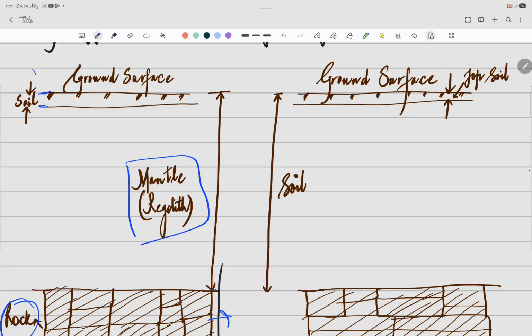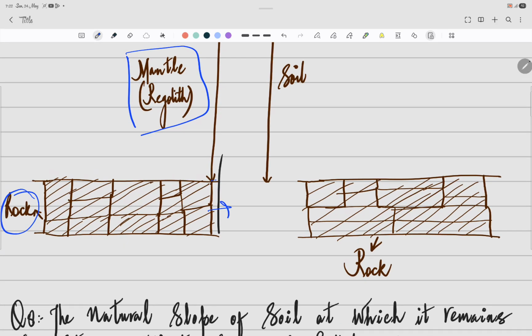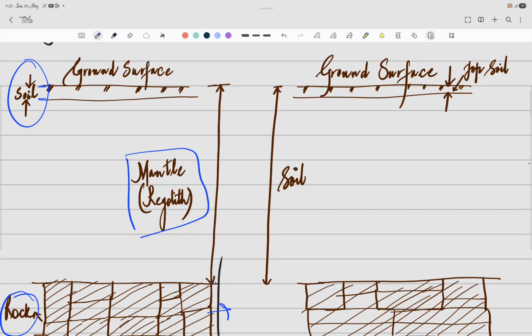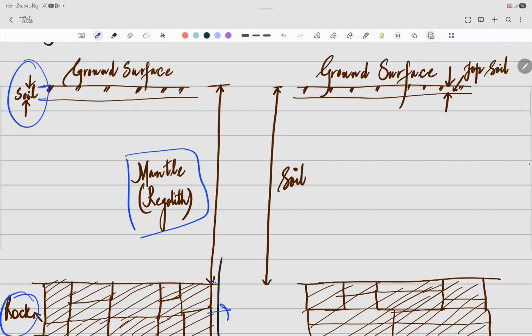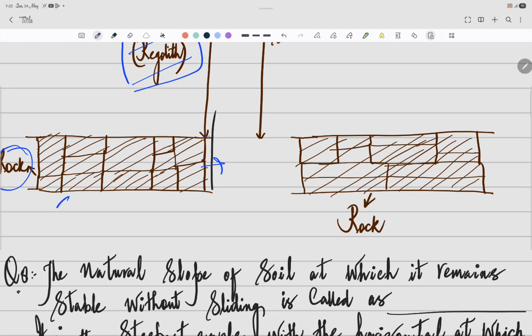All right, so this nomenclature, wherein we call this part from the bedrock to the top surface, ground surface, mantle or regolith, this nomenclature is in geology. All right, so this is the nomenclature in geology.